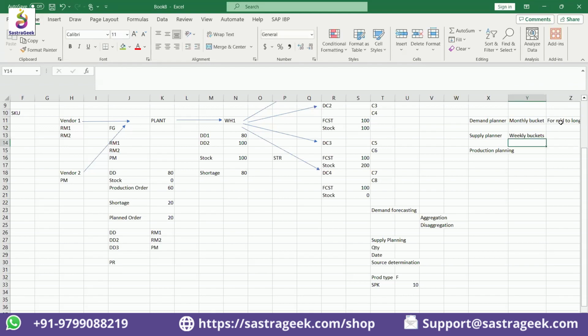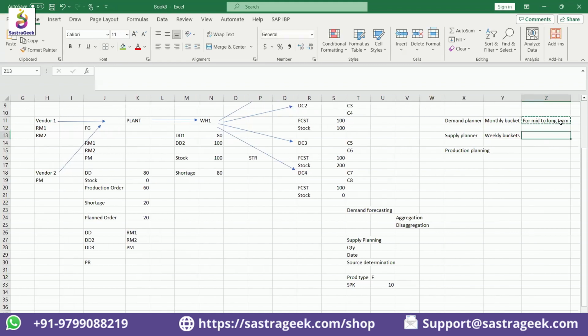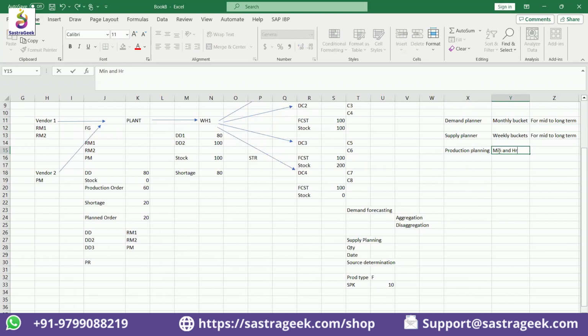But again, from mid-term to long-term horizon. Whereas production planner is not only doing the detailing at day level, but even at minutes and hour level planning, right? But only in the short period, of 1 to 3 weeks as an example.